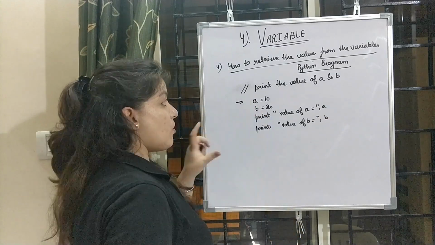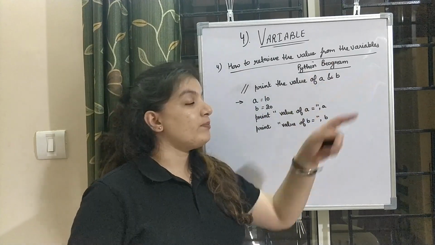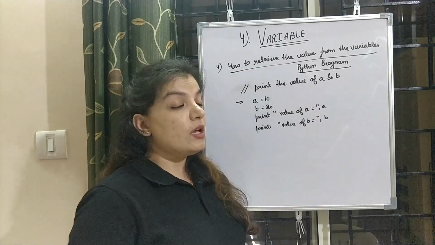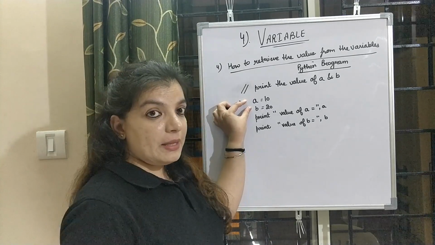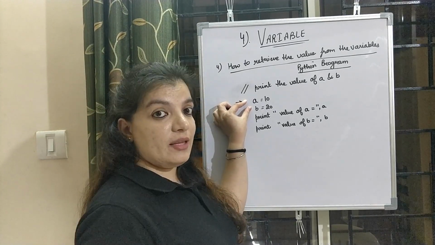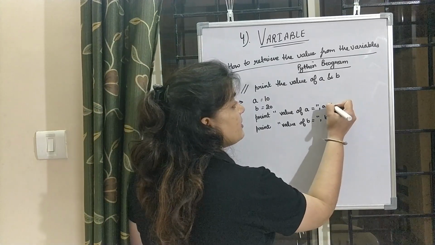So this is the code to print the value of a and b with the help of the Python programming language. Here you can see I am not using any data type, I am not using any creation of variables, and I am not using any semicolon.